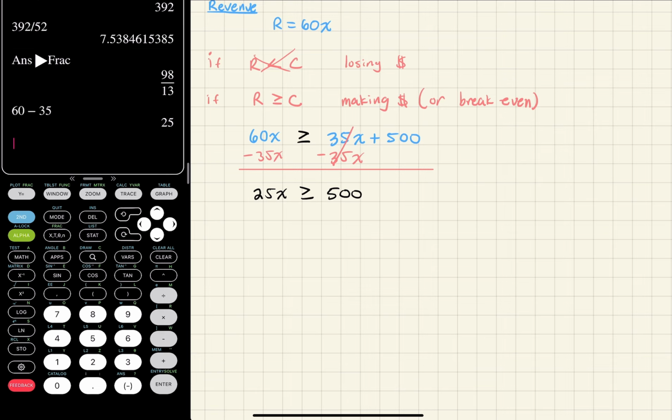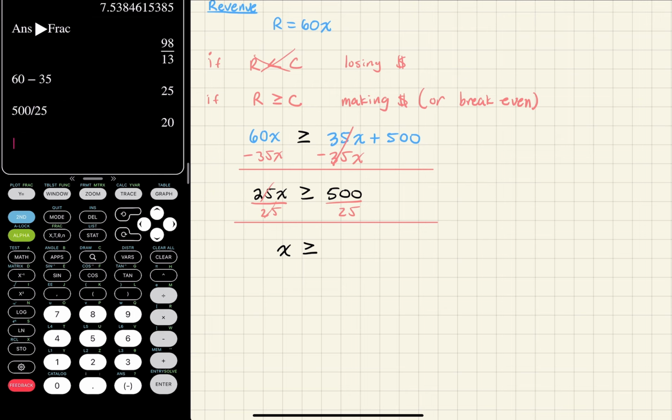And we finish this off by dividing. X is greater than or equal to 20. So what is this telling us?